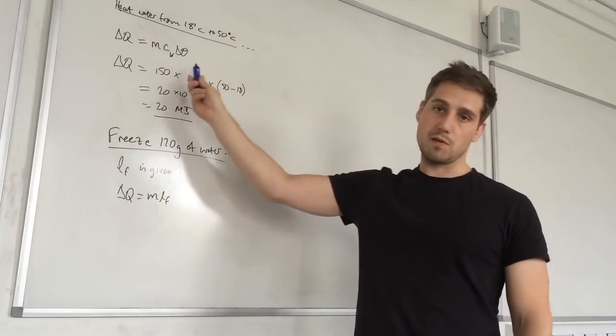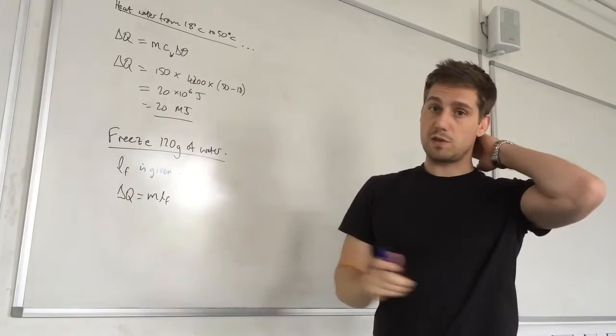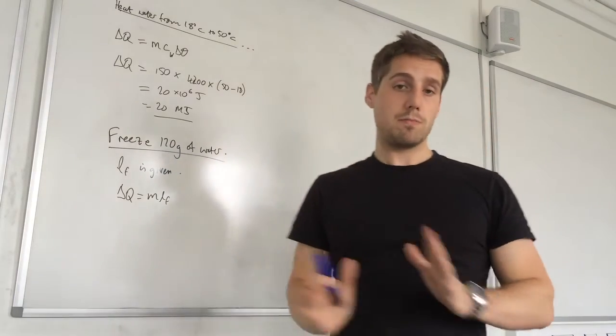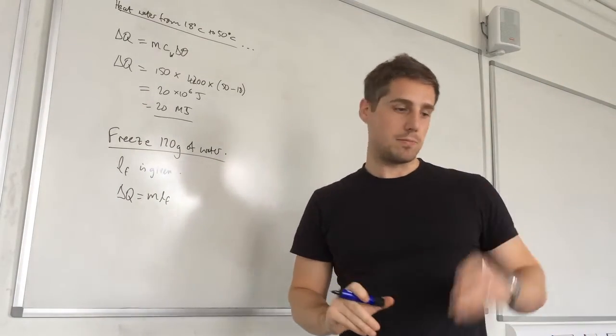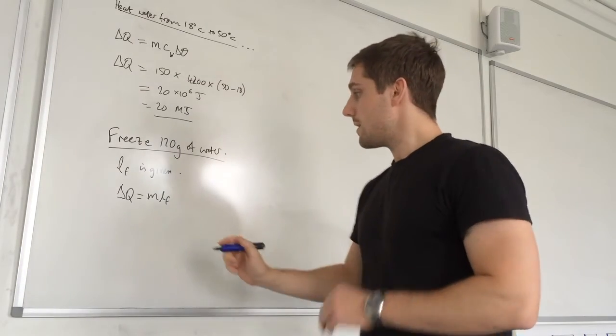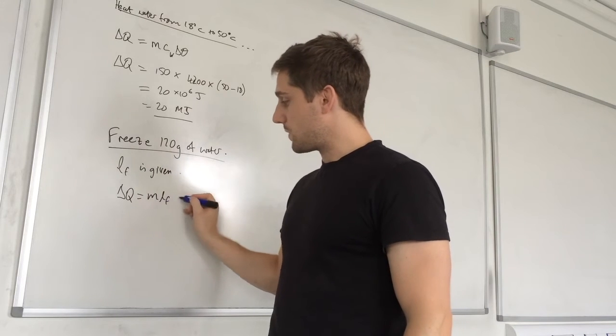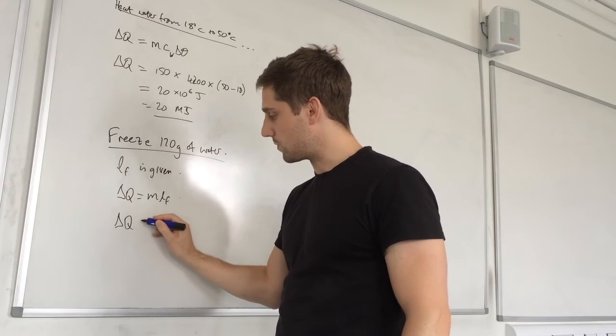So you see we're using a different equation here because this is freezing, so there's no temperature change here. Freezing always takes place at a constant temperature. For water, that's the melting point of 0 degrees C.